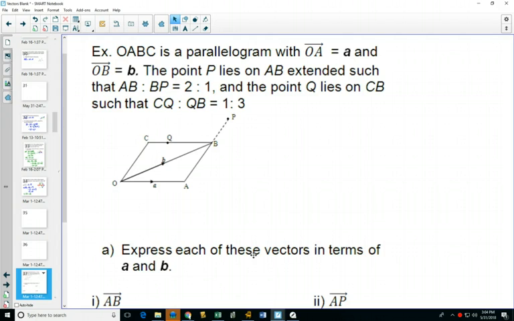Just as a thought process for proportions here, before you try it on your own, if AB to BP is 2 to 1, what that means is this length would be 2 and this length would be 1, or any multiple of that.